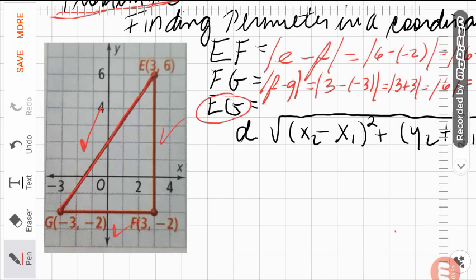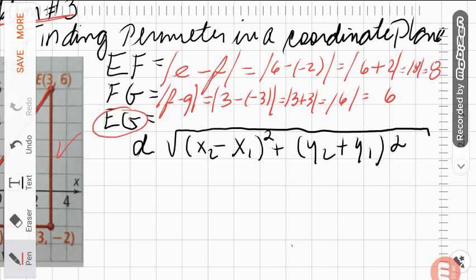You can see that this has a slight bend or inclination, and in this case we are going to use another formula that we learned before, which is the distance formula. Distance is given by the square root of x2 minus x1 squared plus y2 minus y1 squared, and then we obtain the square root of all this. Okay, so now let's replace the values.